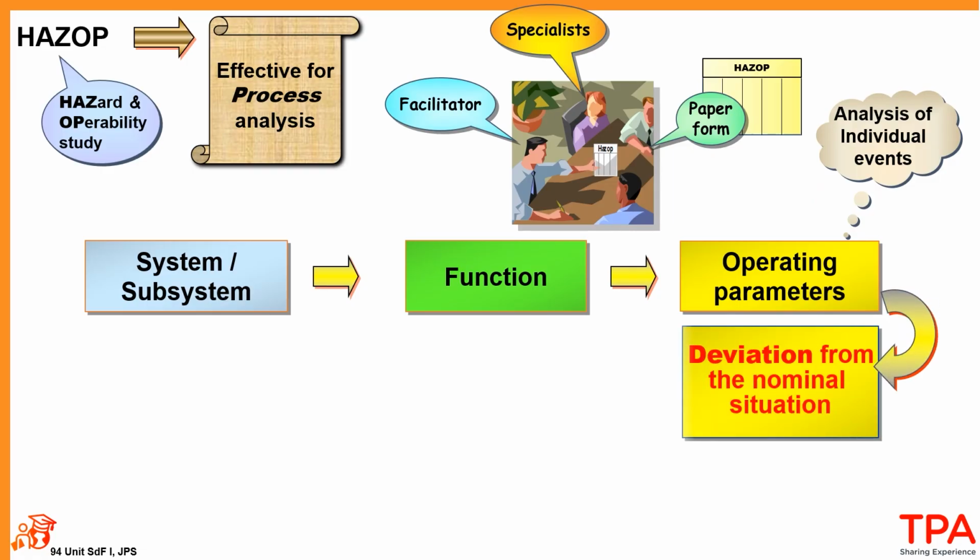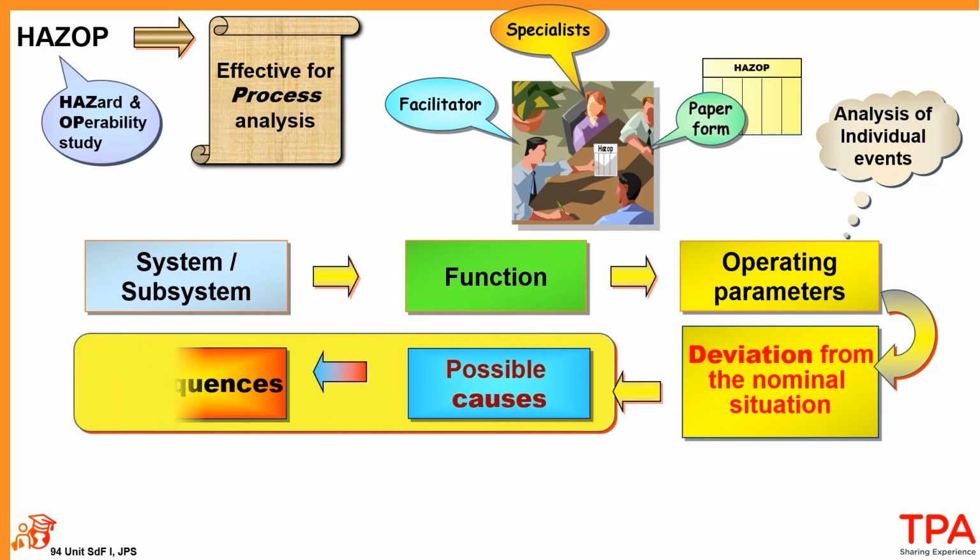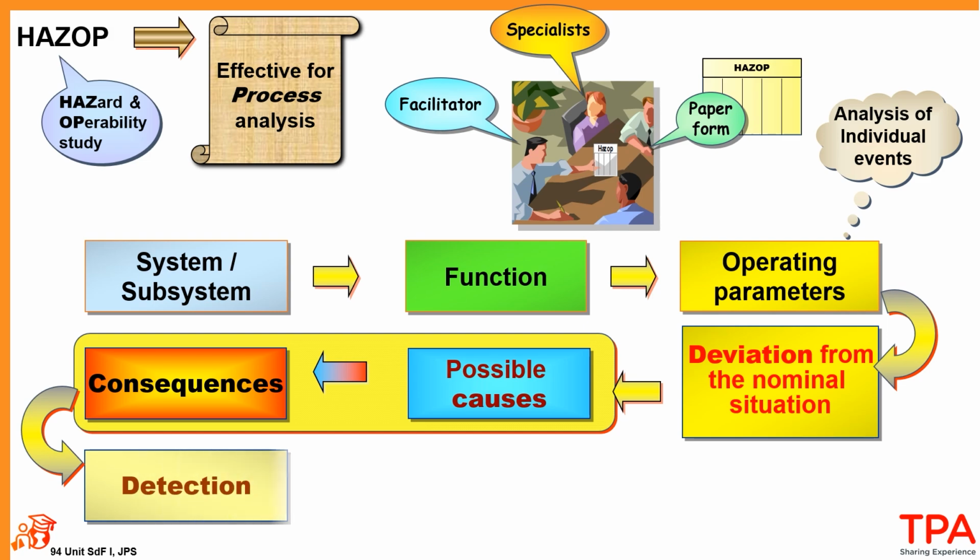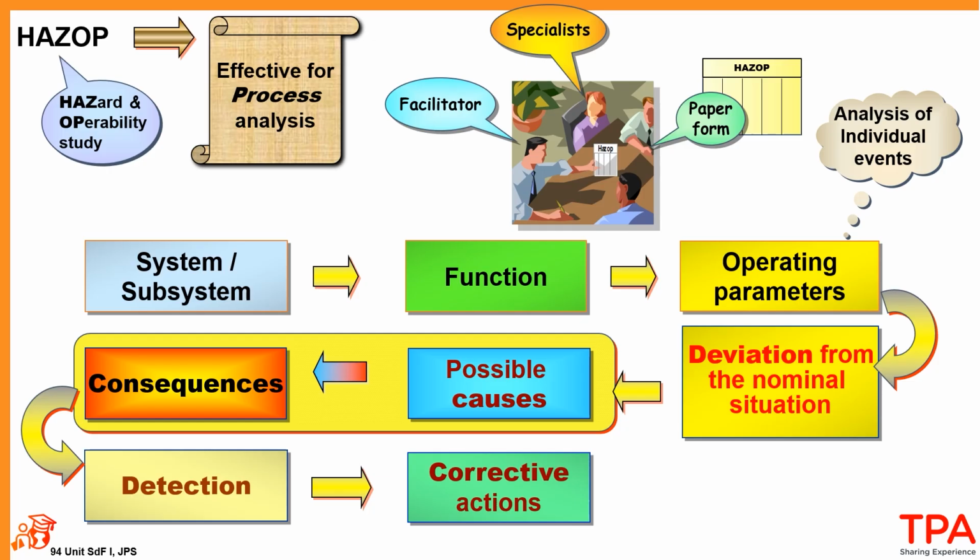From this point, the possible deviations from the nominal situation are examined. This leads to identifying the possible causes and estimating the resulting consequences. Again, verifying that the relevant detection means are available is of utmost importance. Then the corrective actions have to be identified and noted. And, finally, the last column is devoted to adding comments when needed.